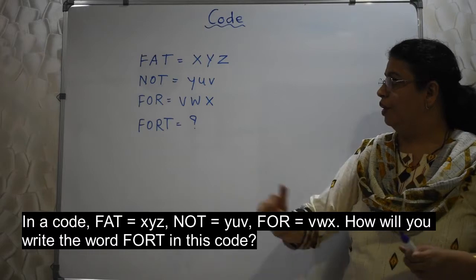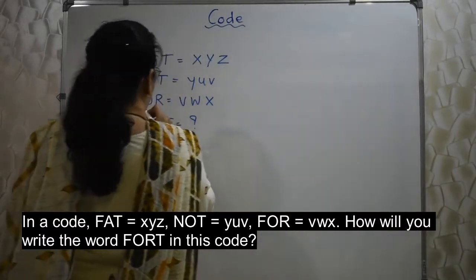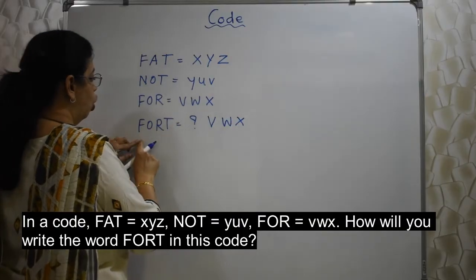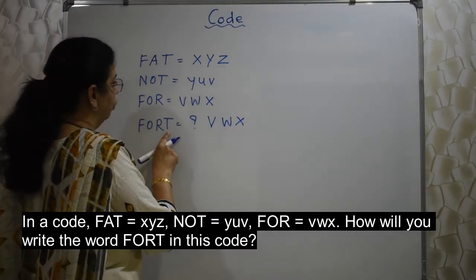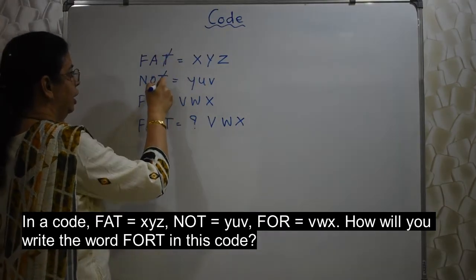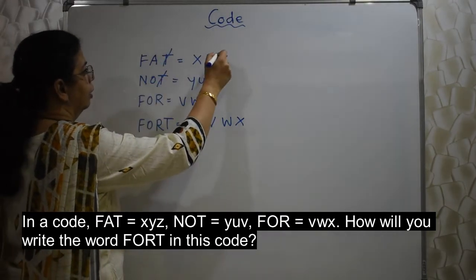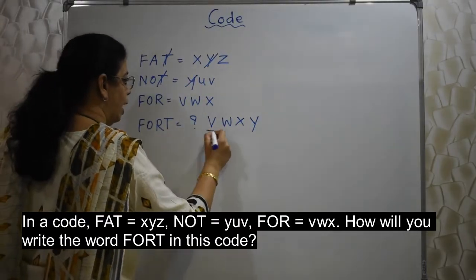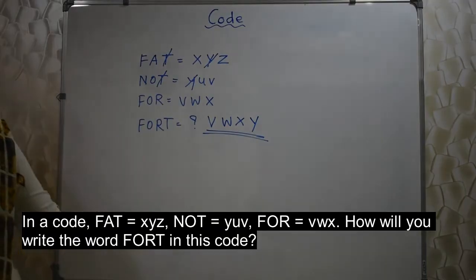So make use of it. Okay. So what is FOR? VWX. Now my job is only limited to finding the letter for T. T is here, T and YY. So T is equal to Y. So my answer should be this.